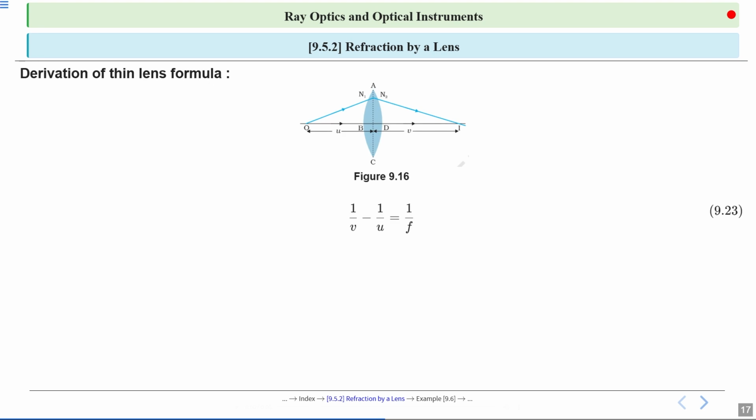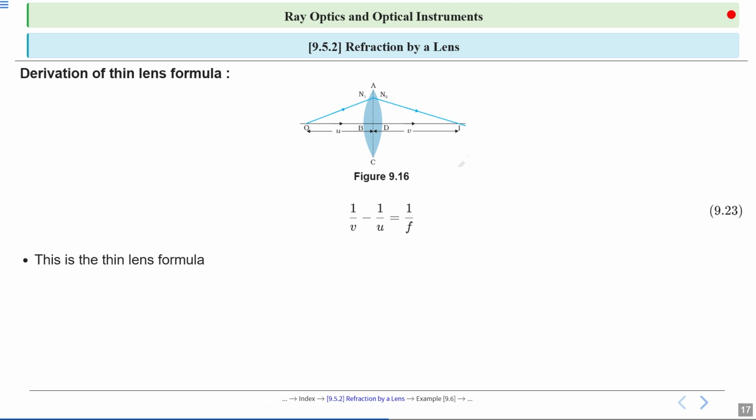So this is the thin lens formula: 1 upon V minus 1 upon U equal to 1 upon F. This is somewhat similar to the mirror formula. Only in the mirror formula there is a positive sign here, but in the thin lens formula there is a negative sign. That is the only difference; otherwise it is similar.